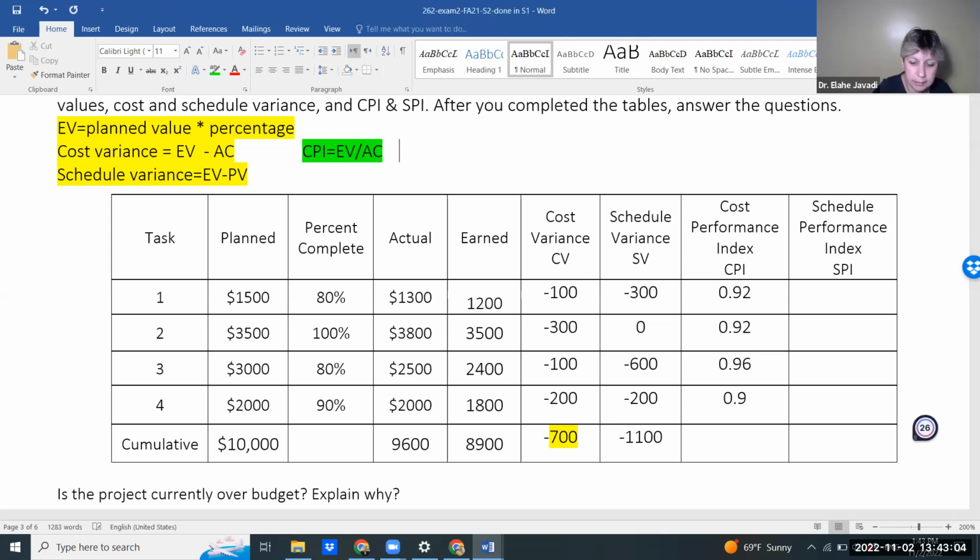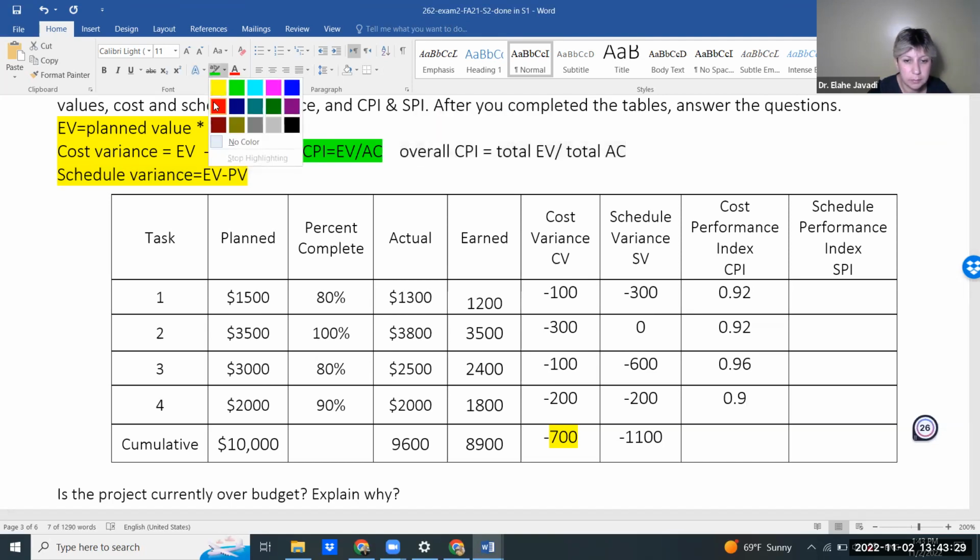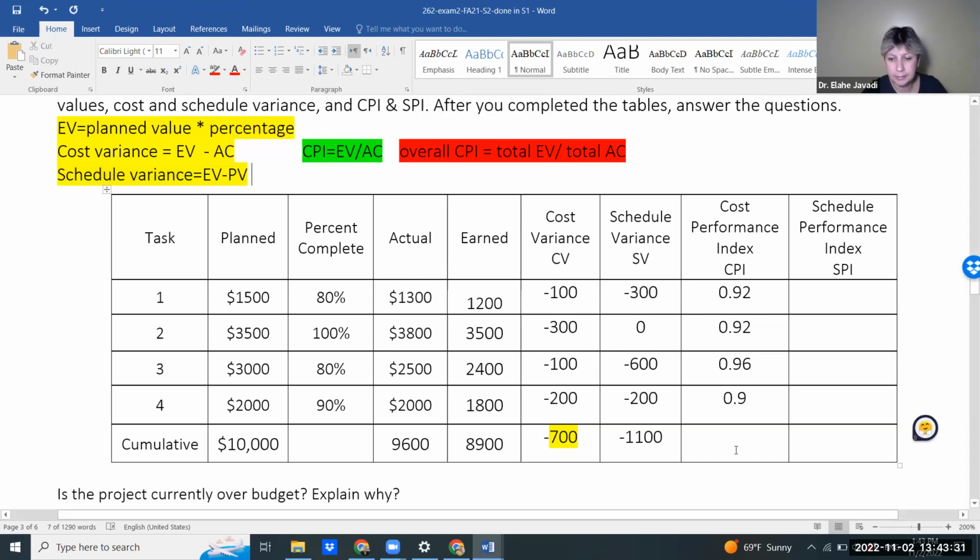And remember, this is a catch. Some of you were not in class on Monday. For overall CPI, you don't do the average, you don't add them up. This happens over and over again on the exams. You just get the total EV divided by total AC. Do not average those numbers. All right, so keep that in mind. Maybe I should make it red because so many students mix this up on the exam.